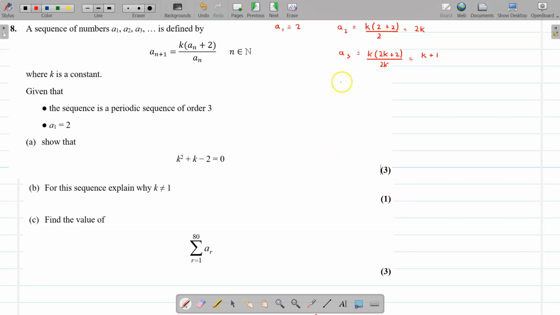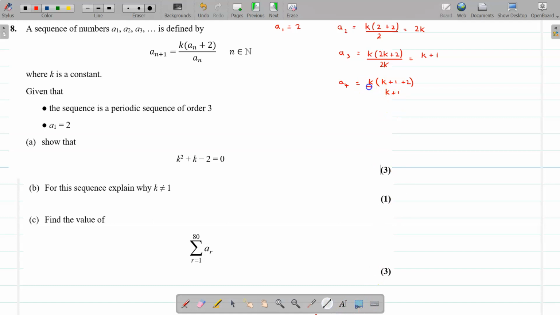Okay, and then A4 is going to be k times k plus 1, which is this part here. The A_n is k plus 1 plus the 2, and that's all over k plus 1, which is the same as A3.